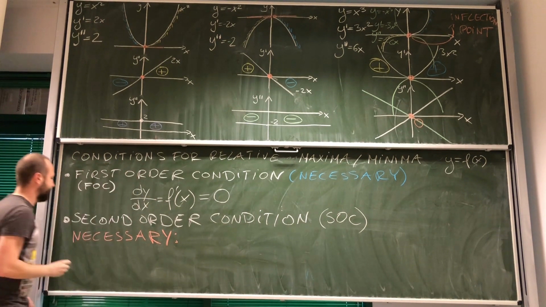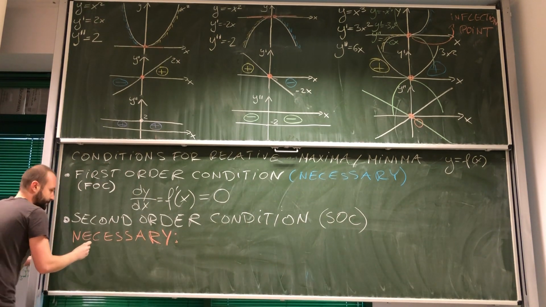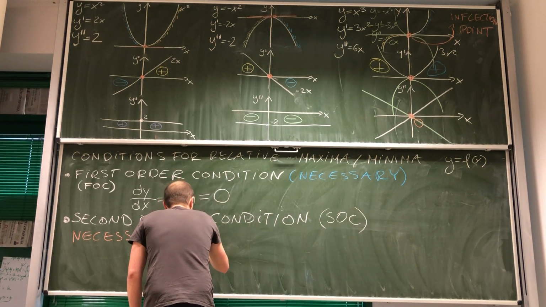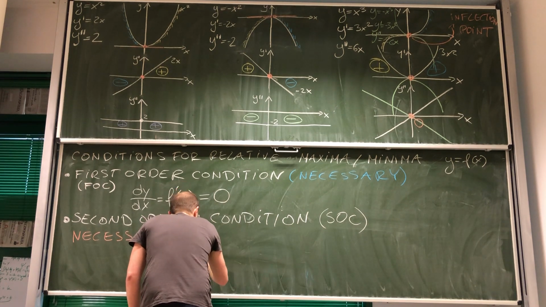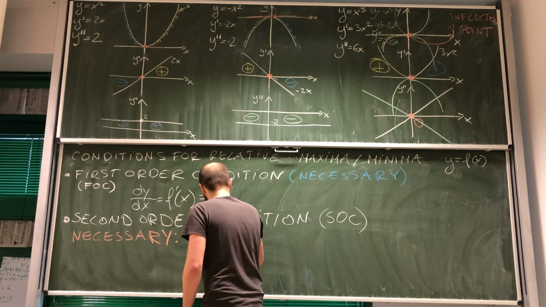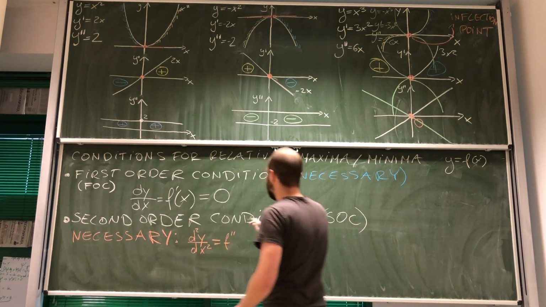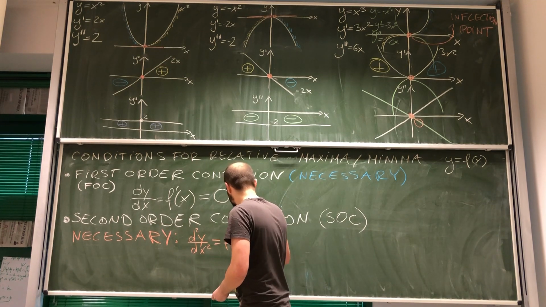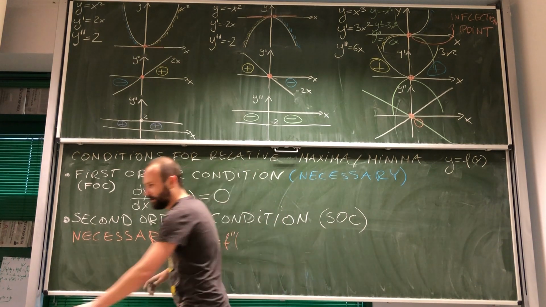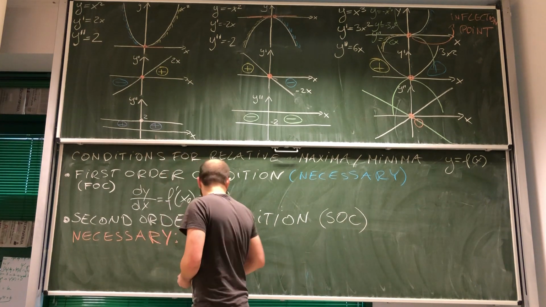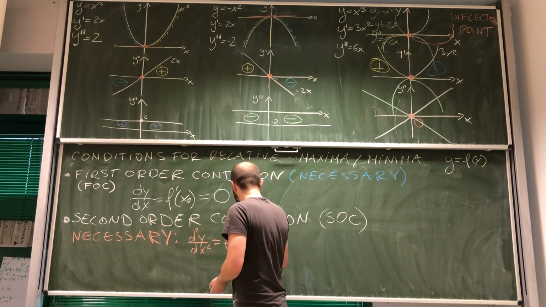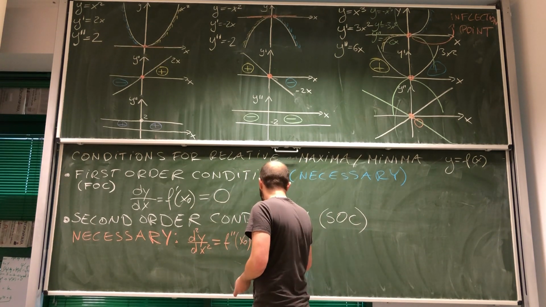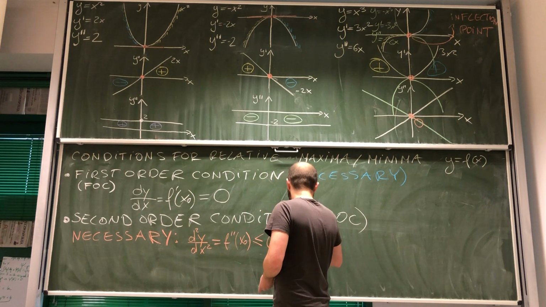Necessary goes like this: if the second derivative at a given point x0 is lower or equal to 0, we've got a maximum.